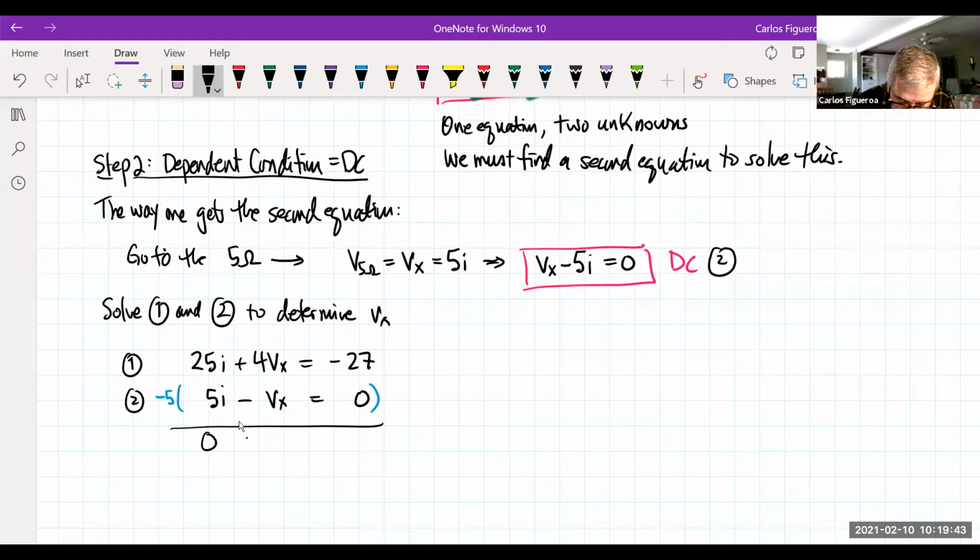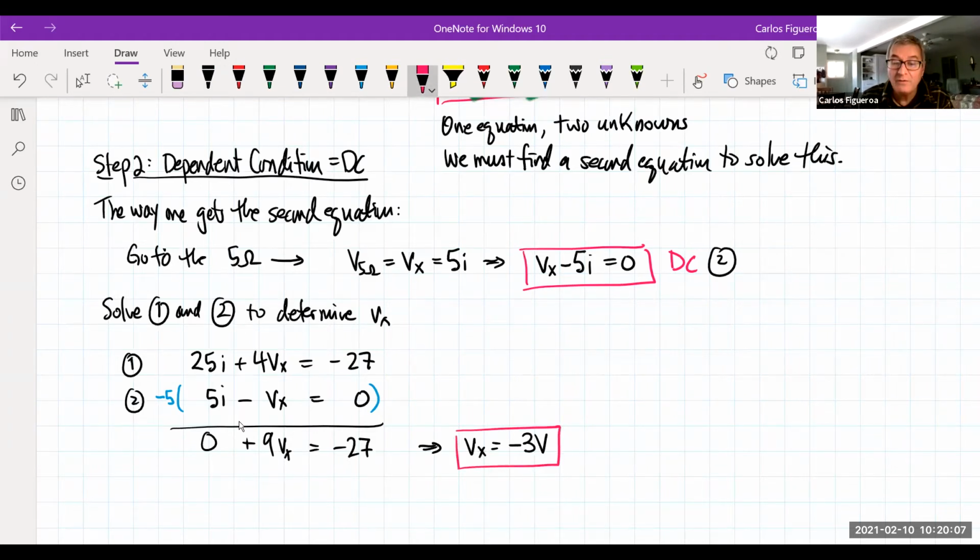So here I'm going to get plus 9Vx, and on this side, minus 27. So this tells me that Vx must be minus 3 volts.